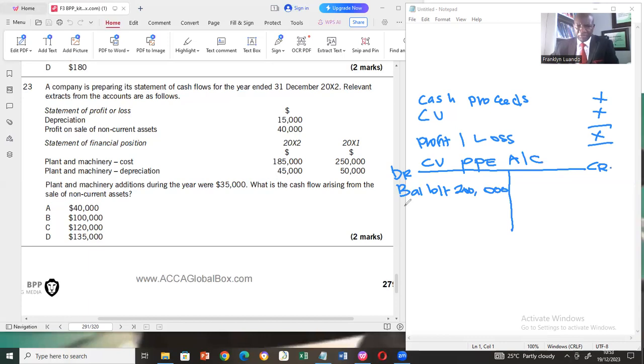Normally there will be a revaluation surplus, but in this question we don't have one. But we are told there were additions, and the bank is what was used to acquire them: bank 35.